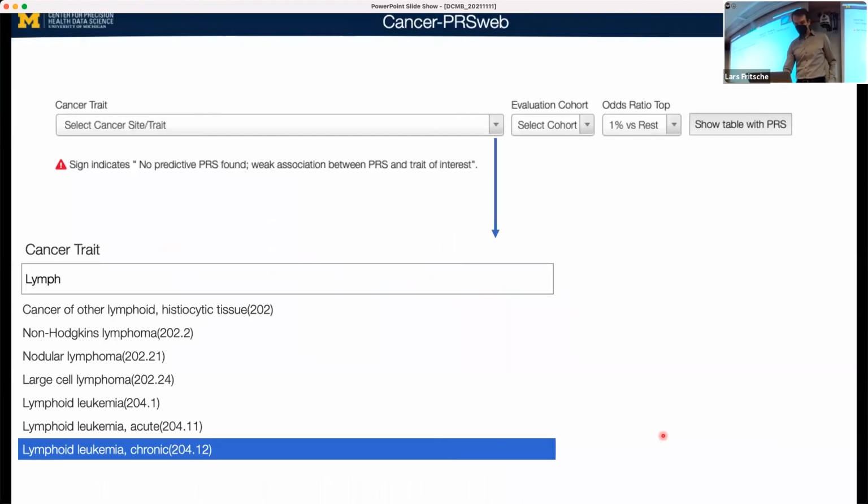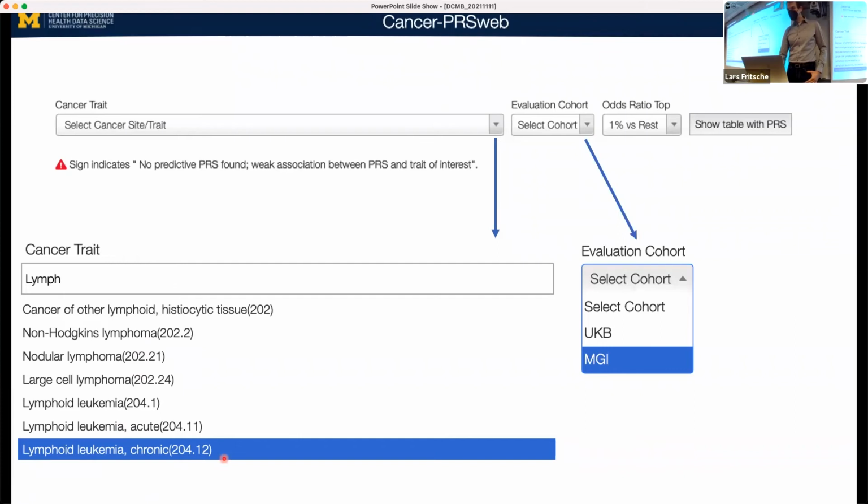And so a nice feature here is you don't have to scroll through all those 68 cancers that we analyzed, but you can just type a word and it will autocomplete here and show you selection here, and also warn you if there's a phenotype where we're not able to find a PRS that we consider worthwhile analyzing. And here, when you type in lymph, you end up with those different phenotype codes we had PRS for. And here I'm selecting chronic lymphoid leukemia.